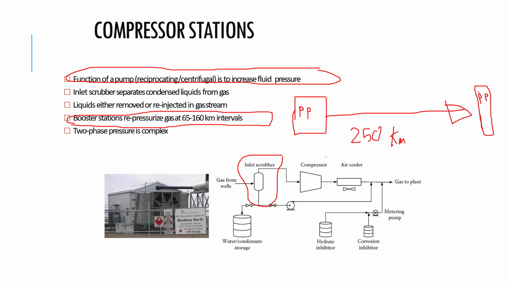As a result, if you pressurize this gas inside the pipeline and allow the gas to flow inside the pipe, there will be a certain pressure drop. So in order to maintain the pressure of the fluid inside the pipe as high as possible, you need what we call the booster station, which will pressurize the gas inside the pipe and increase the pressure of the fluid inside the pipe.